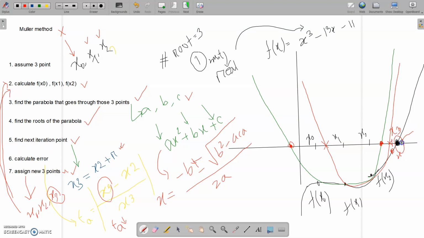Gradually, it will try to converge to our destination. This way you can find the real roots as well as the complex roots, because as you can see, I am using this sign. So I am actually taking into consideration the complex roots as well. Okay, so in the next lecture I'm going to show you an example, so that will make it much more clear.